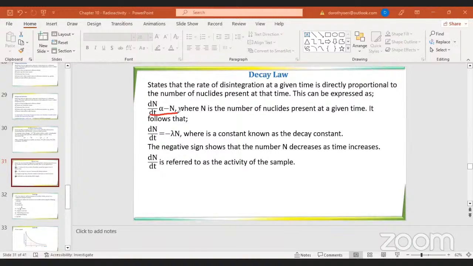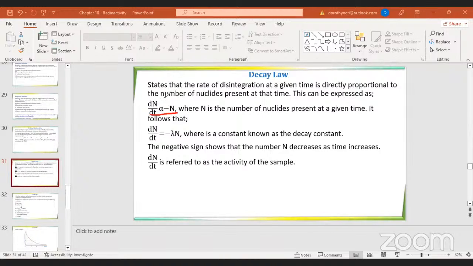Someone may ask, why do we have the negative sign before N? The negative sign shows that the number N decreases as time increases. Time is increasing, but the number of nuclides is decreasing, hence the negative sign.